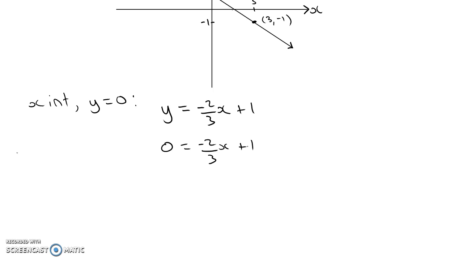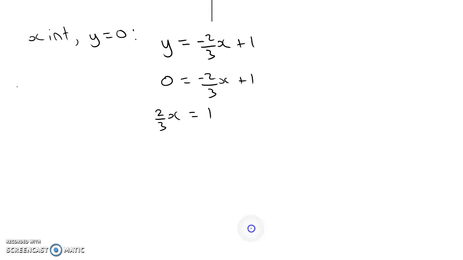Let's bring that x over to the other side. So we've got 2/3x equals 1. Let's multiply both sides by 3. 2x equals 3. Now divide both sides by 2. x equals 3/2. And that's our x-intercept.